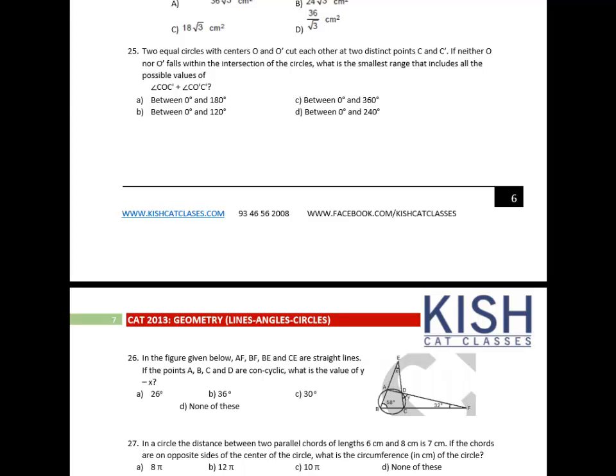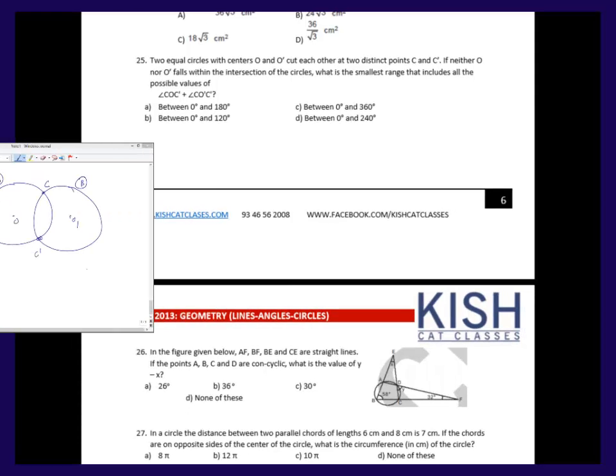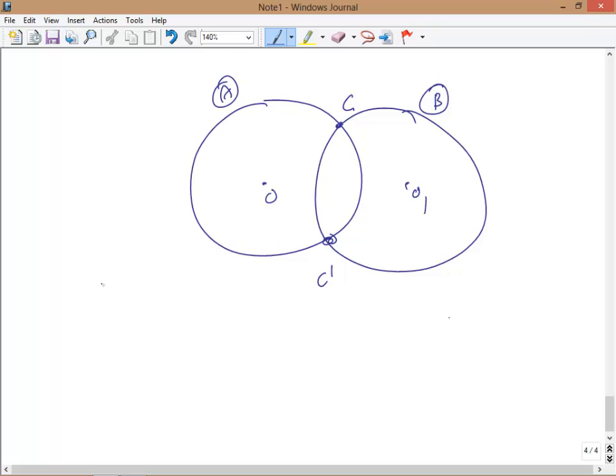So angle CO C dash, next one, CO C dash, CO dash.